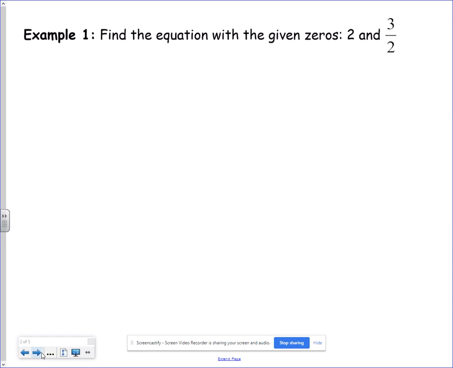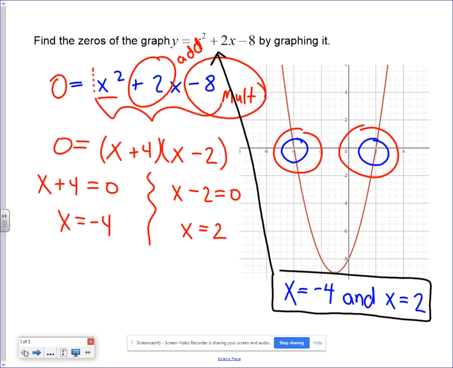The zeros are 2 and 3/2. We gotta work backwards. So our zeros are x equals 2 and x equals 3/2. If you think back, we're on this step right here. We're going backwards.